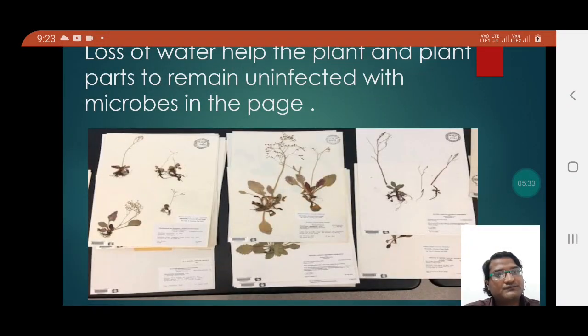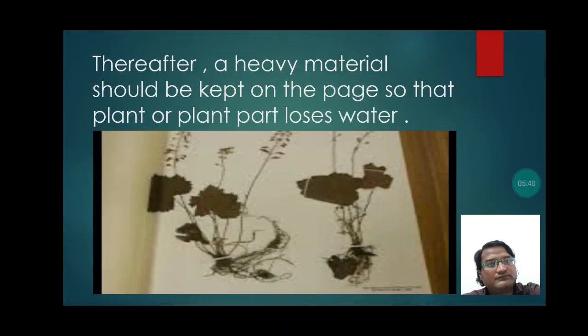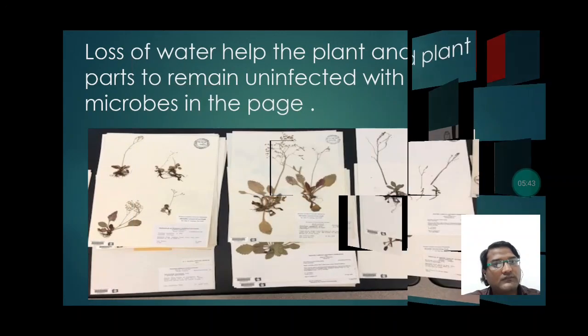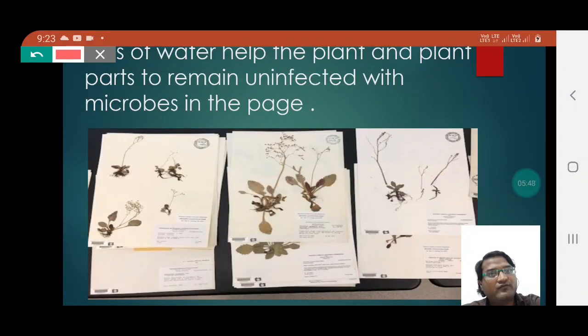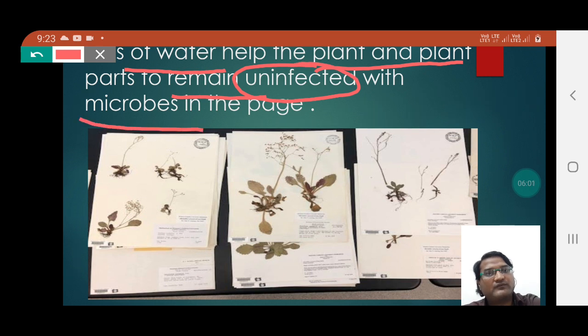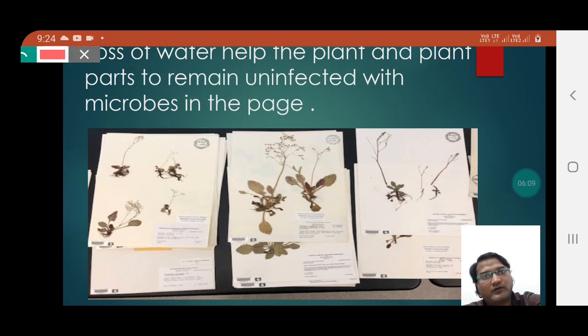In the page. So students, once the plant and the plant part loses water, then due to the lesser quantity of water, that is the loss of water, the plant and plant parts can be preserved, that is, can remain uninfected with the microbes present in the page, and it can be preserved for quite long.